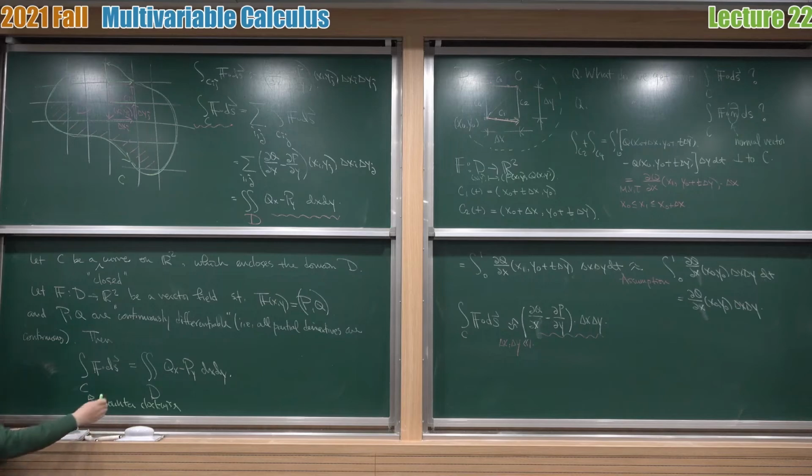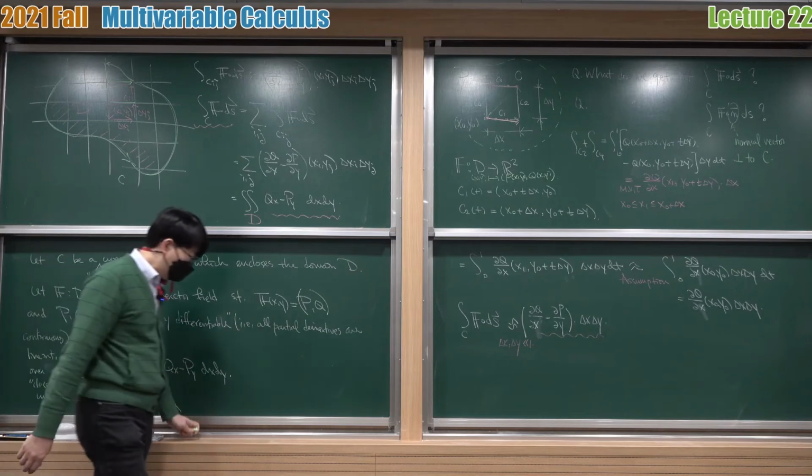Sometimes when you have a line integration over a closed curve, the symbol for line integration is used as this circle integration. Okay, meaning that it's a line integration over a closed curve.